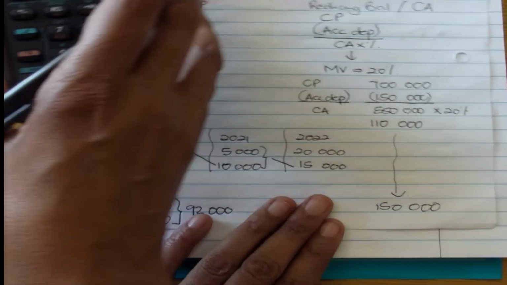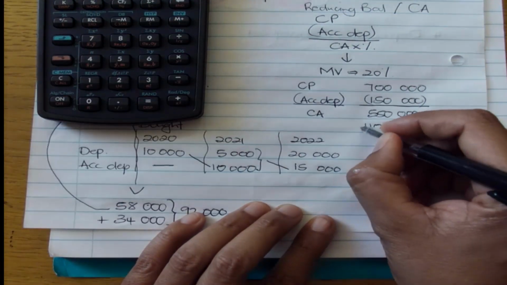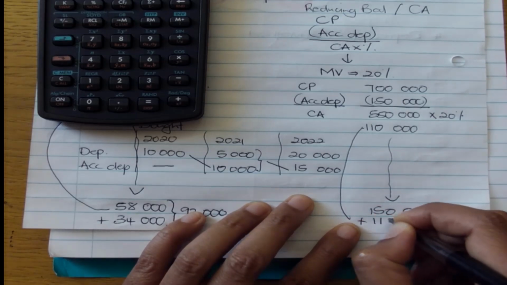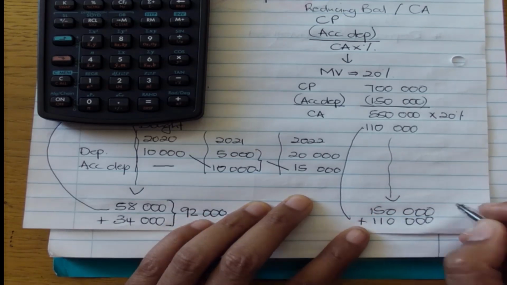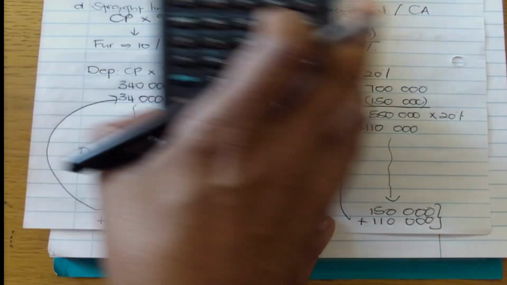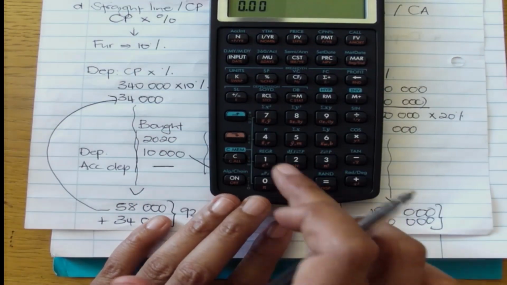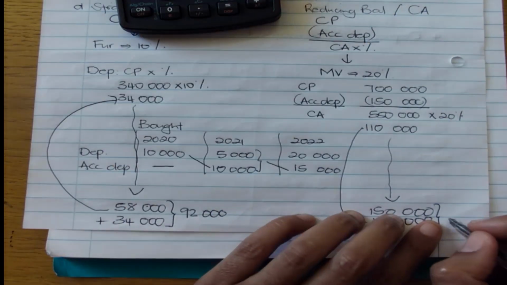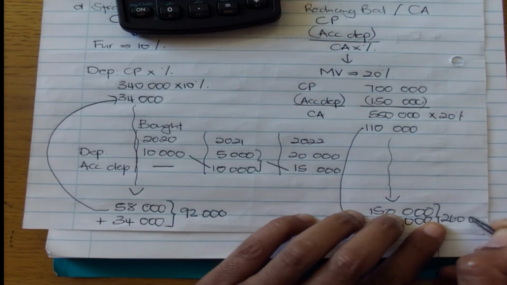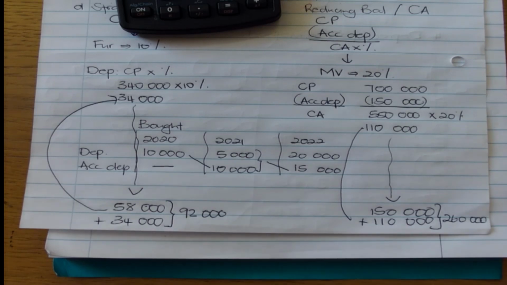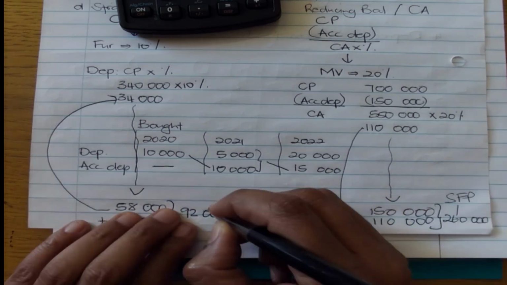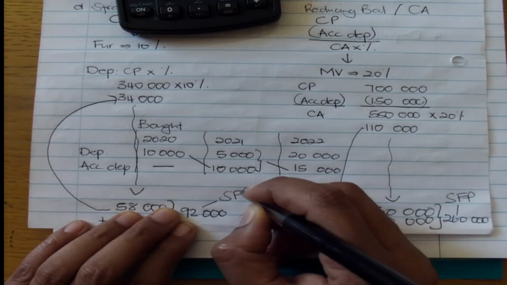Here it's 150. What's my new depreciation? 110. So my new accumulative depreciation for my motor vehicles will then be 150,000 plus 110,000, which will give me 260,000, and this is what I'm going to use in my statement of financial position.